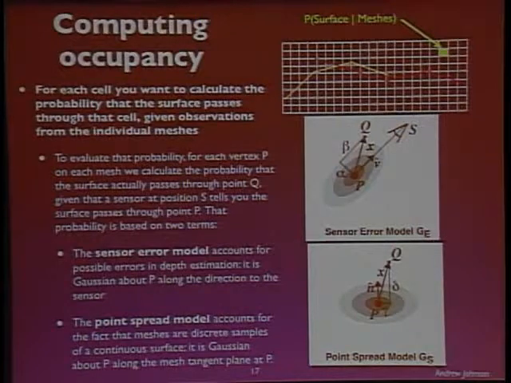That's what the sensor error model does. And I also want to smear it along the tangent plane of the surface to account for the fact that I am doing a discrete sampling of the surface. In other words, this is saying, yes, there is a point at this location on the surface, but probably there are also points around it.